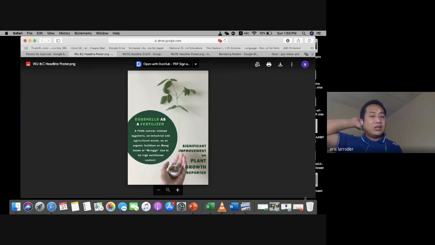So in this case, why not have your eggshell in a background contrasting the green? Because here, our attention is on the background but not necessarily the shell. So we still have to undergo a second look for us to understand that your focus is on the eggshell.